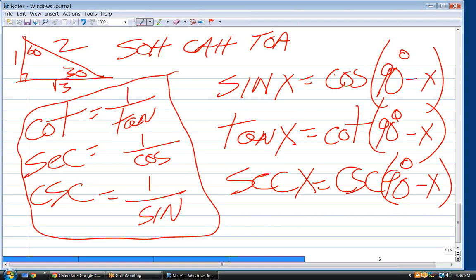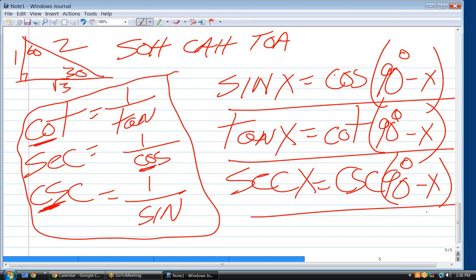Even though I tell you the way to memorize this is there's exactly one co in each pair, which is a true statement, it's not the same as the co-function relationships. Notice the co-function relationships are very straightforward: sine, cosine, tangent, cotangent, secant, cosecant. The only one that's the same is tangent, cotangent, which is both a reciprocal relationship and a co-function relationship.